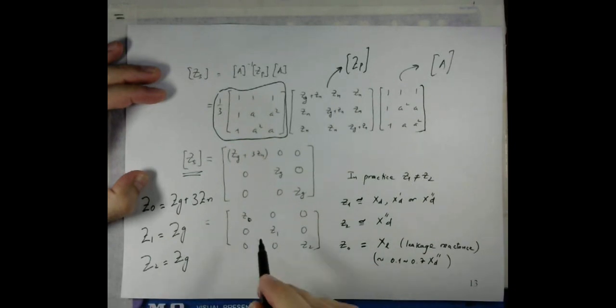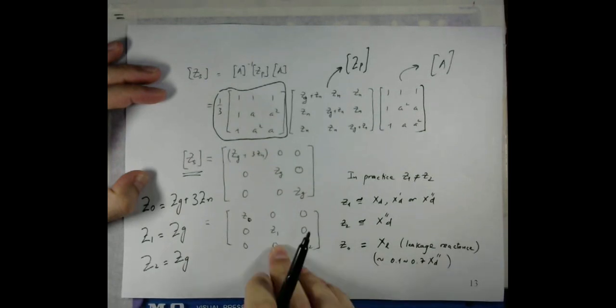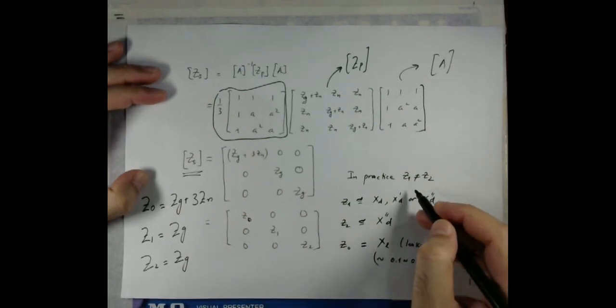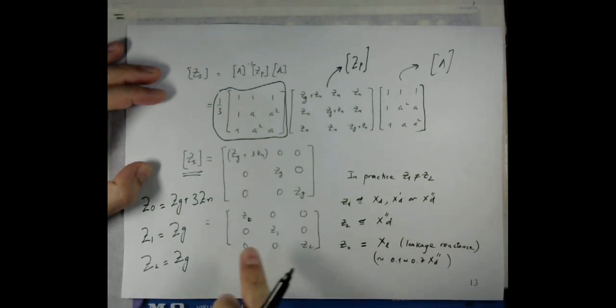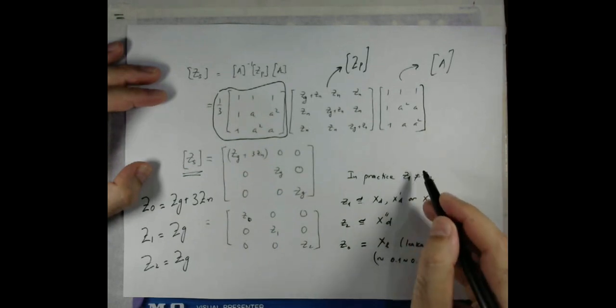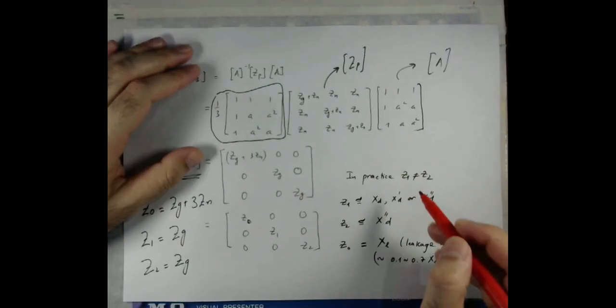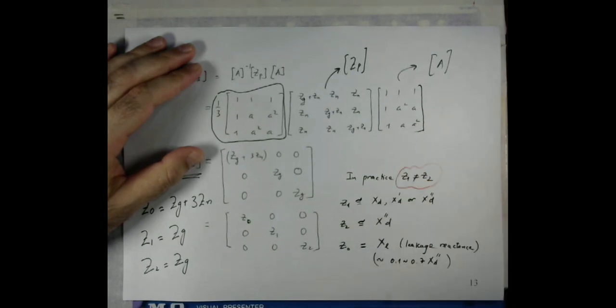But in practice, as one can see, both Z1 and Z2 are equal to Zg, which means Z1 is equal to Z2. But in practice, Z1 is not equal to Z2. That is the practical case.